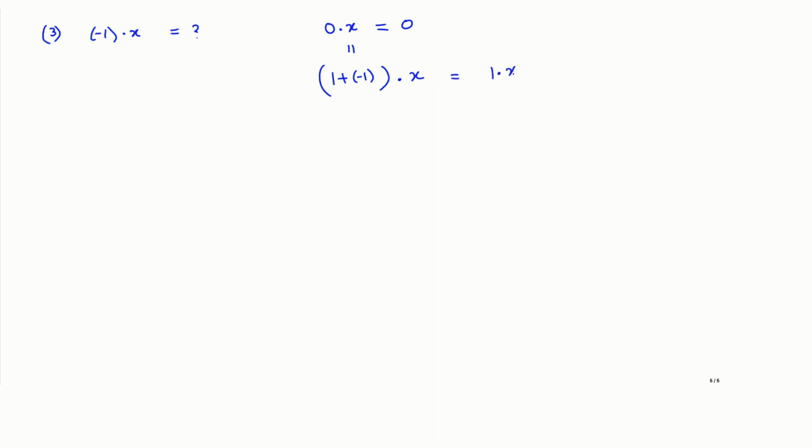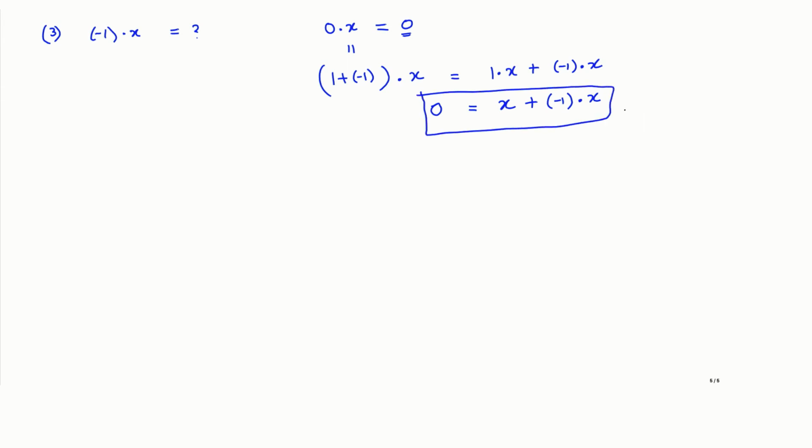This says this is 1 dot x plus minus 1 dot x. Now of course I've already concluded that 1 dot x is x, so here's my conclusion, that x plus minus 1 dot x is just the element 0 of my abelian group.